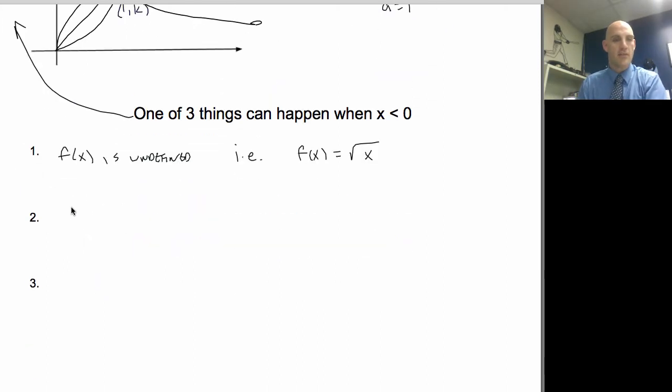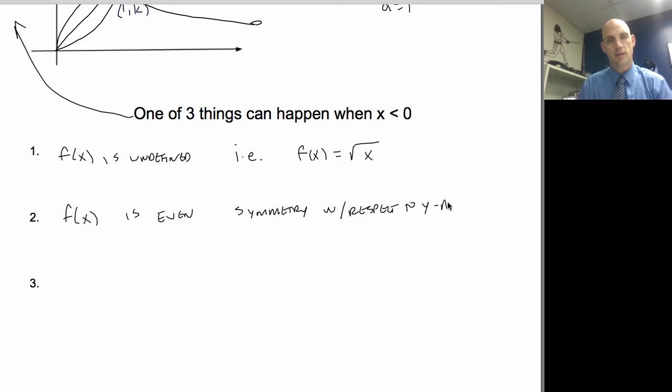So if f of x is even, okay, so symmetry with respect to the y-axis, then it's going to look like this. It's going to be symmetric.